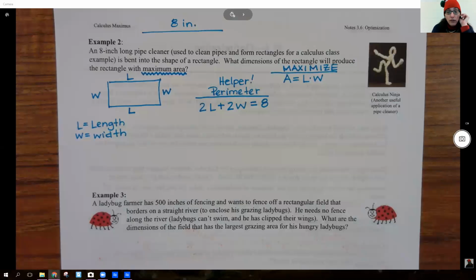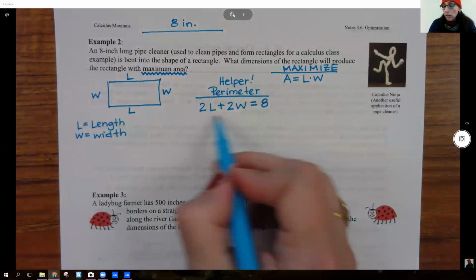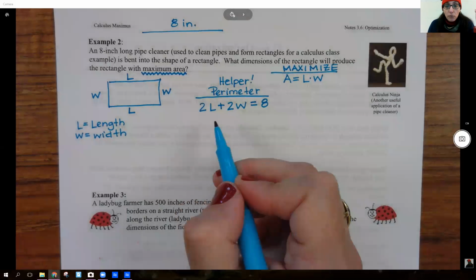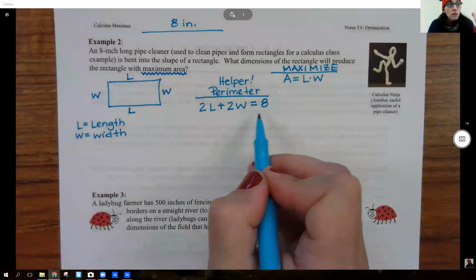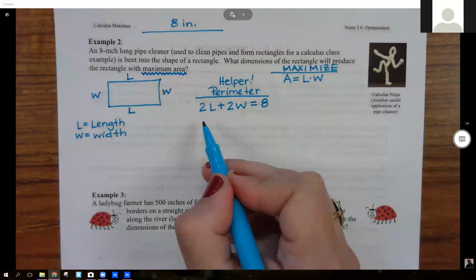Now, it doesn't really matter what we solve for, because we need to know the dimensions. We're going to end up having to solve for the length and the width. Anybody have a preference what you would like to solve for? Length. Alrighty, let's go length.